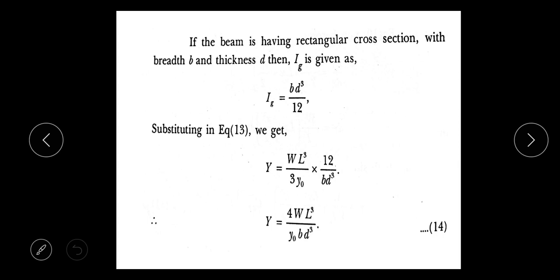We can rewrite this equation for y naught also. If you cross multiply, y naught is equal to 4WL cube divided by Y b d cube, which is the expression for depression. Now this is the expression for Young's modulus.